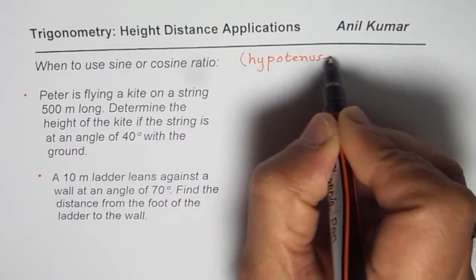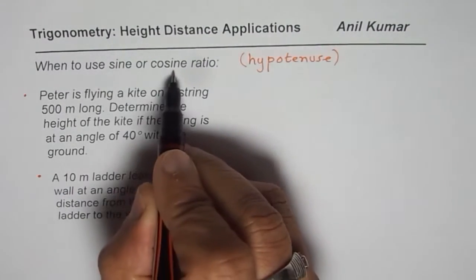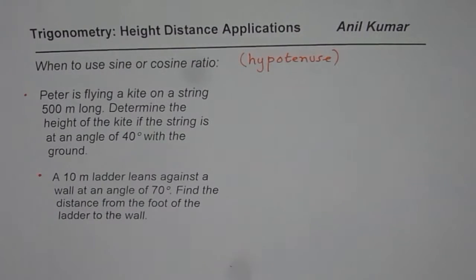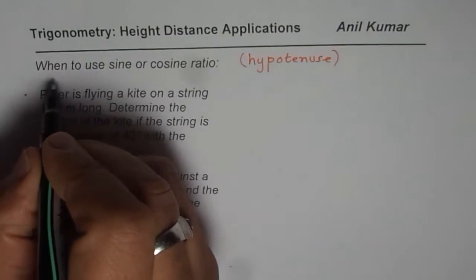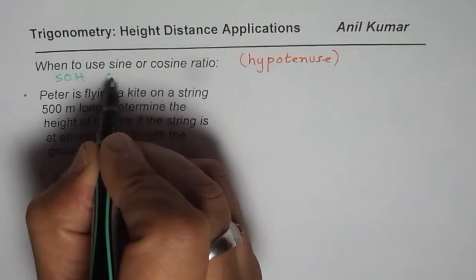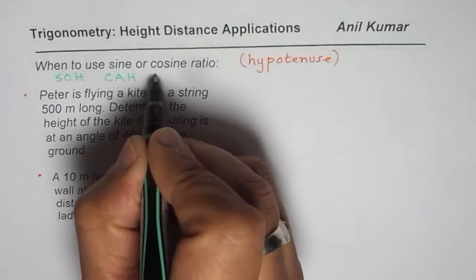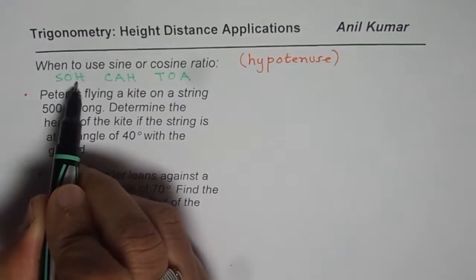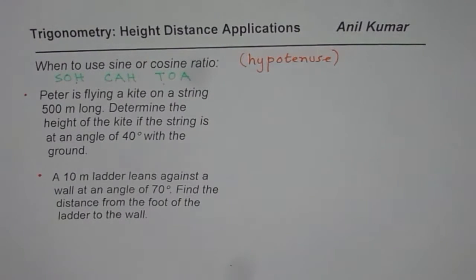If the hypotenuse is involved, then sine and cosine will be used, otherwise tan. As you know, SOHCAHTOA is another way of looking at it. Sine is opposite over hypotenuse, cosine is adjacent over hypotenuse, and tan is opposite over adjacent. So if the hypotenuse is not involved, then the tan ratio will be involved.